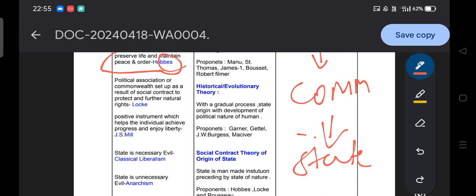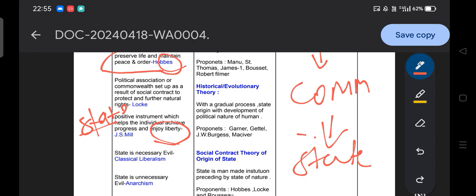The state is a positive instrument which helps the individual achieve progress and enjoy liberty. Liberty is the keyword. J.S. Mill wrote a book on liberty.